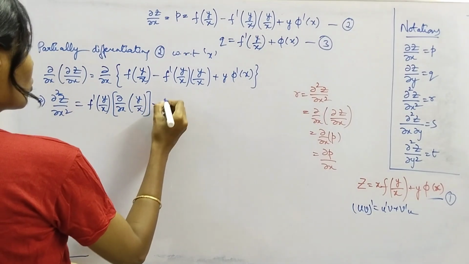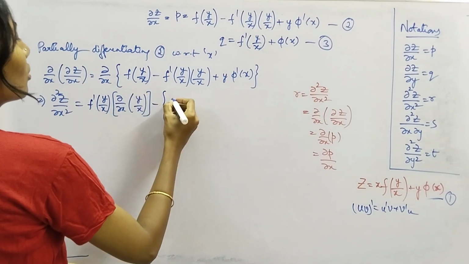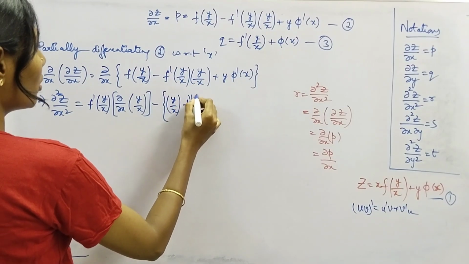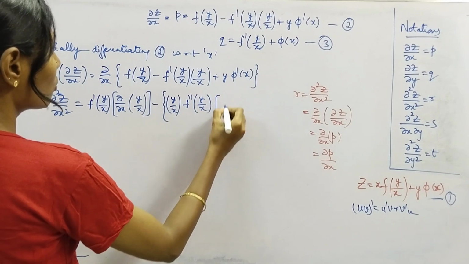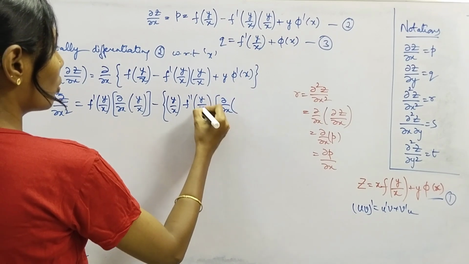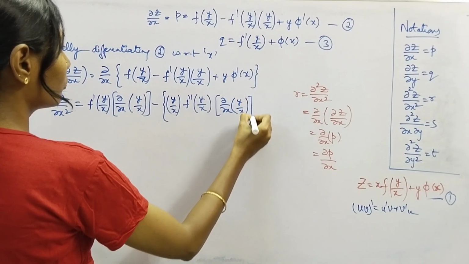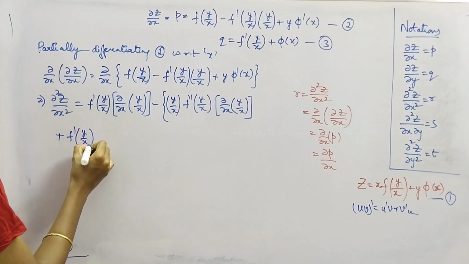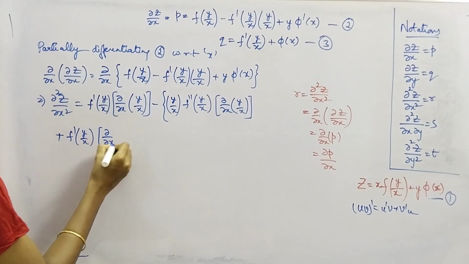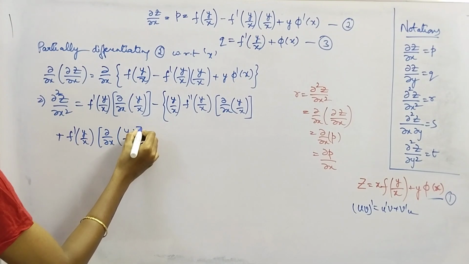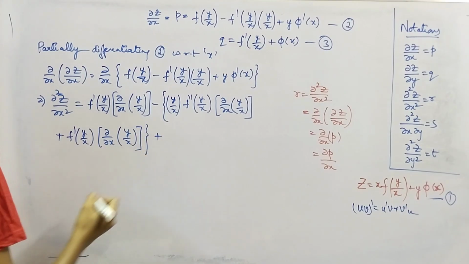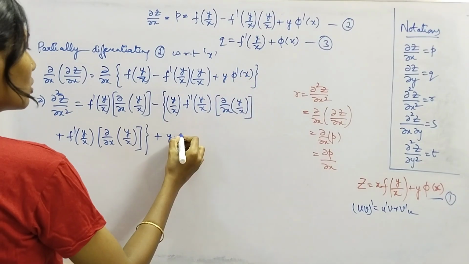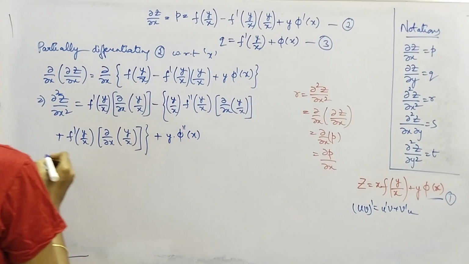Minus of y/x into the partial derivative of f'(y/x), which is f''(y/x) into the inner derivative ∂/∂x of y/x, plus f'(y/x) into the partial derivative of y/x. Plus y is treated as constant, so write y into the partial derivative of φ'(x), which is φ''(x).